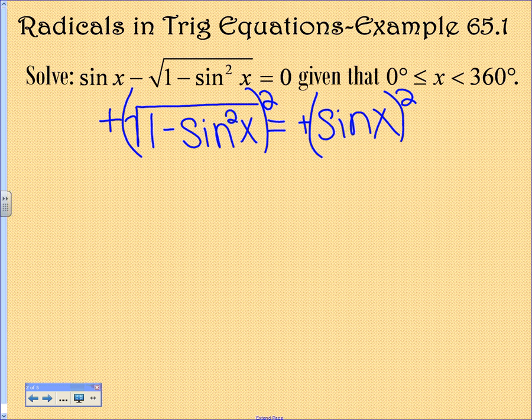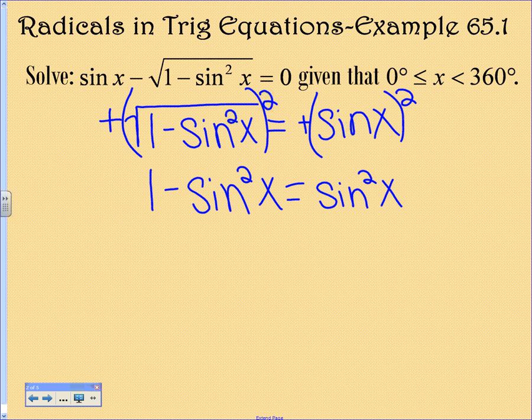So what happens to the left side? It goes away. The radical is gone, and you're left with what was left in the radical, 1 minus sine squared x. What about the right side? It is now sine squared x. Now what? Now you want to move this one over.